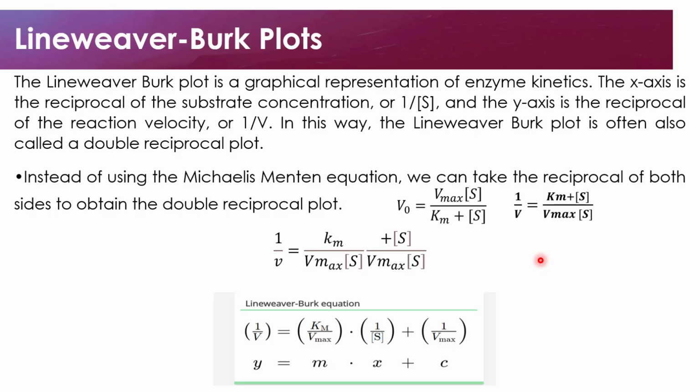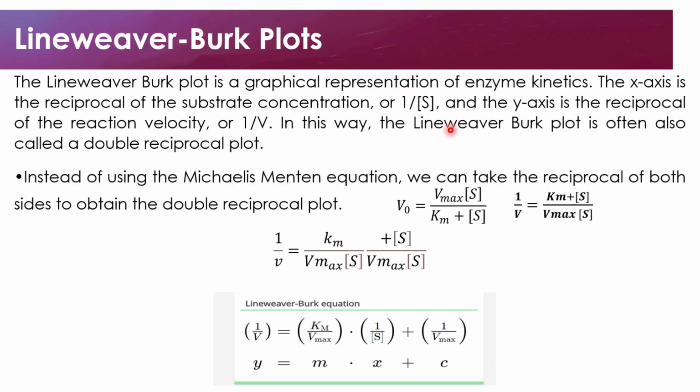So now let's look at another important plot, the Lineweaver-Burk plot. First of all, we have to notice that the Lineweaver-Burk plot is a graphical representation of enzyme kinetics. The s-axis is the reciprocal of the substrate concentration, normally given as 1 over the substrate concentration, and the y-axis is the reciprocal of the reaction velocity, normally written as 1 over v.